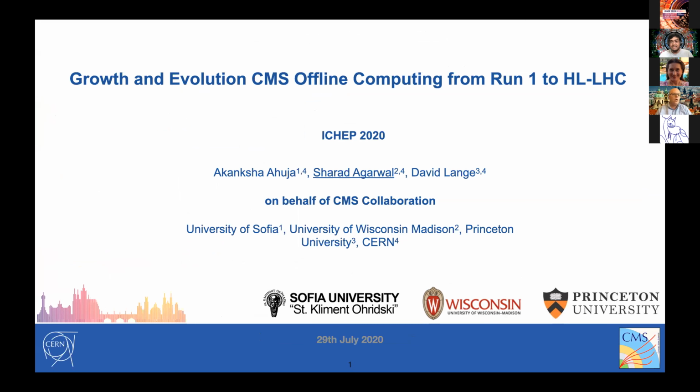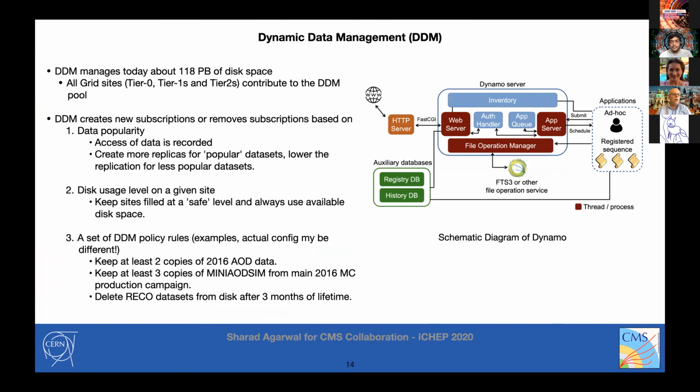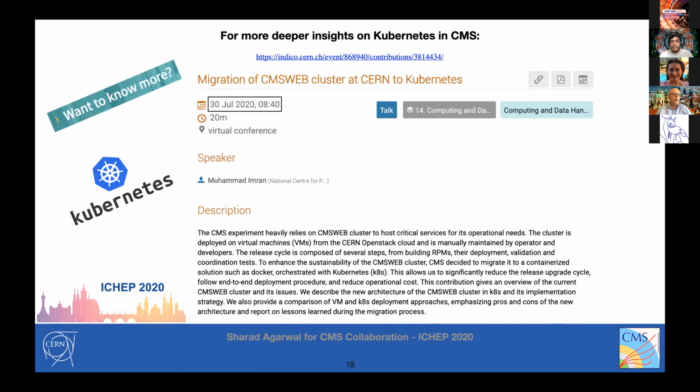All right. So thanks for this talk, Sharad. You mentioned Kubernetes in several places, and then you pointed also to a talk that will explain how you use this for CMS web. Are there any other use cases that you are currently exploring? I mean, what are your plans? In CMS web, we have a lot of different things.